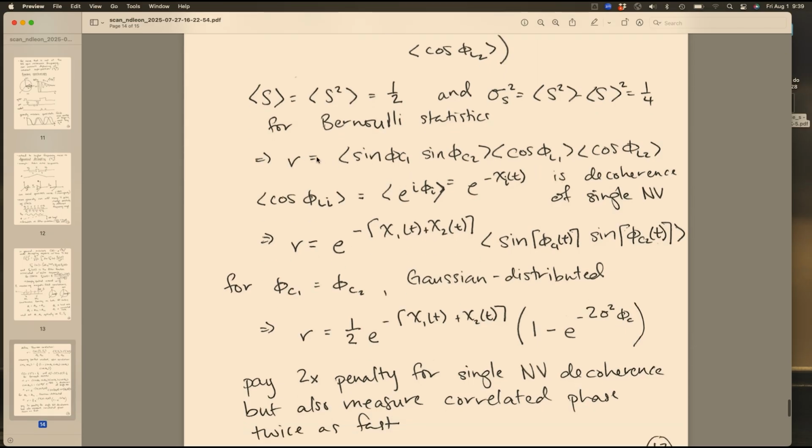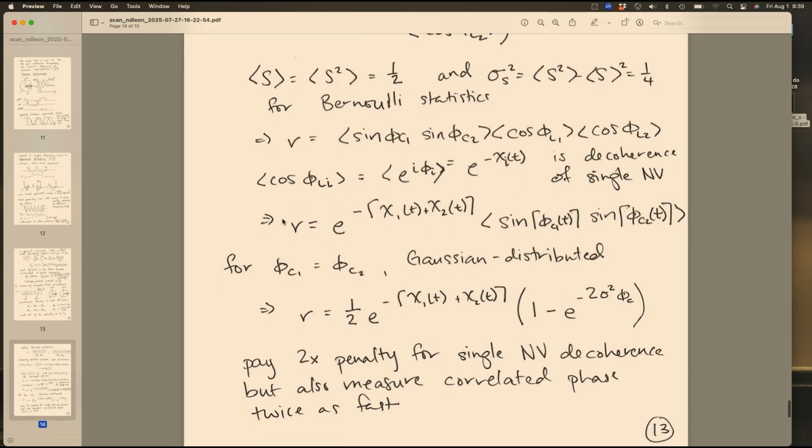Now what I'm going to do is write down this Pearson correlator as a function of all of these phases. Okay, so then you get these sines and cosines, and then I can just rearrange them, and what I get is some e to the i phi, and that's just my decoherence, right? So I just have some total decoherence of a single NV center that looks like e to the minus chi of t.